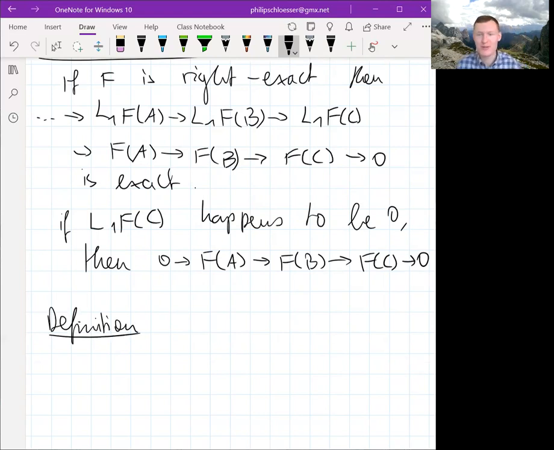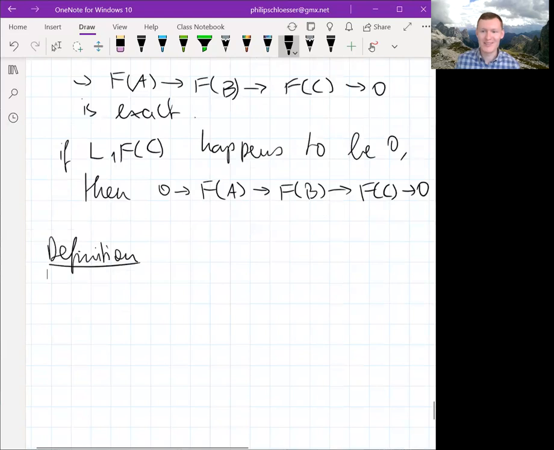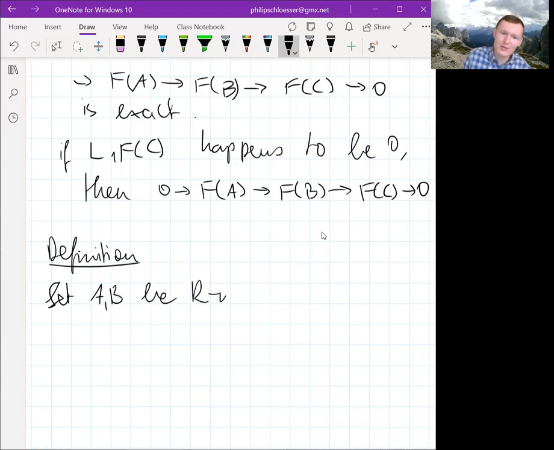So one of our favorite functors, we meaning the guys who already took commutative algebra, is the functor that takes a tensor product. Say A and B are modules.